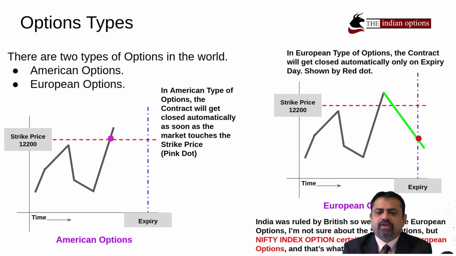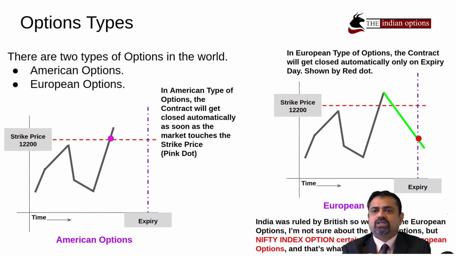If you see the left hand side graph here, there is the market movement and the time. In the case of American options, what happens is that as soon as the market hits your strike price, which I have shown as the pink dot, your stock price has gone above the strike price.